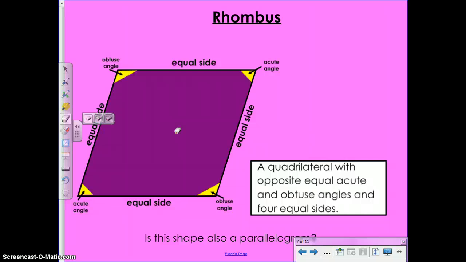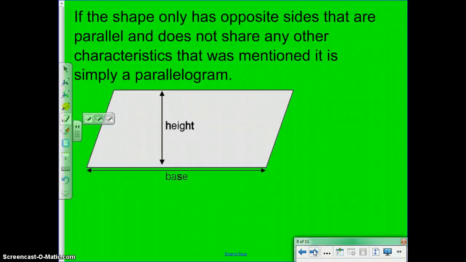Okay? And again, a square, a rectangle, and a rhombus are all parallelograms. They are all parallelograms, and they're all quadrilaterals. Now look at this shape here, okay? This shape looks sort of like a rectangle that's slanted a little bit.